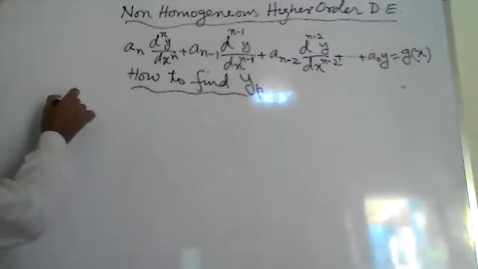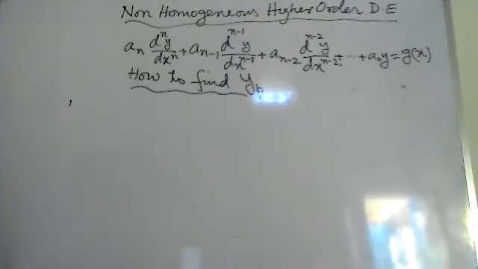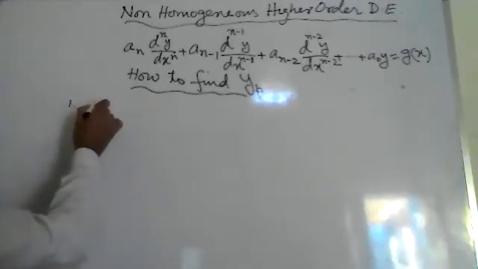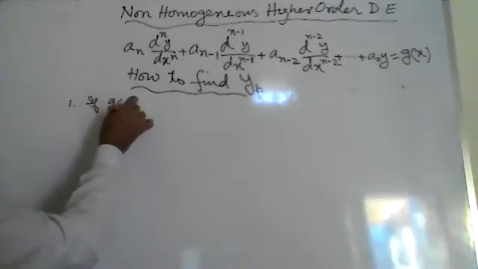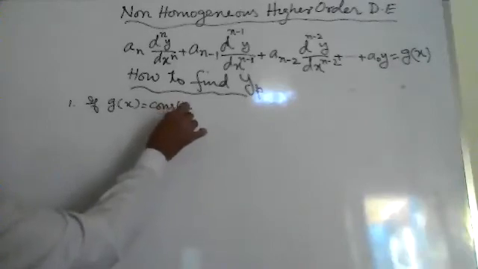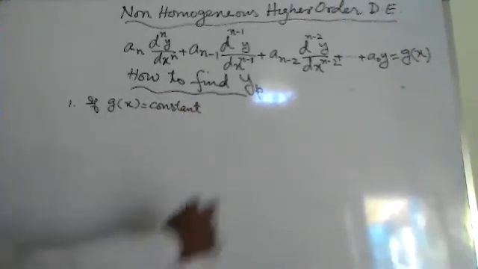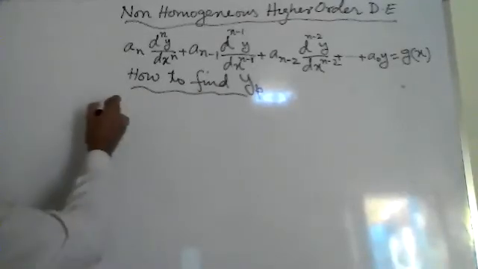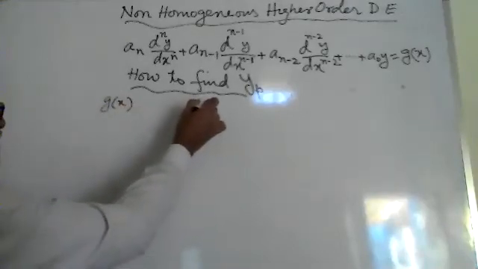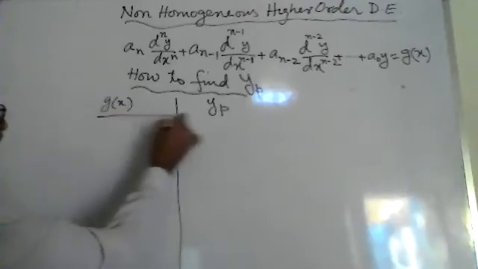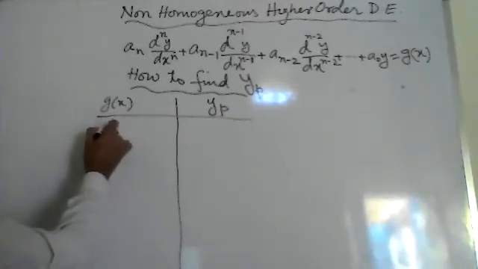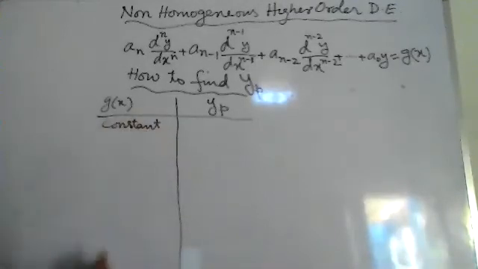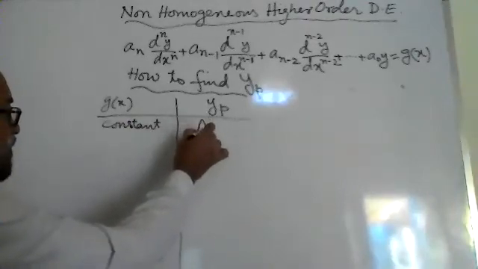Number one, if g of x is some constant, then y_p will be supposed as some other constant.